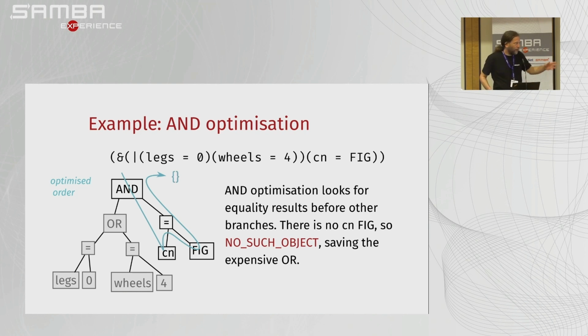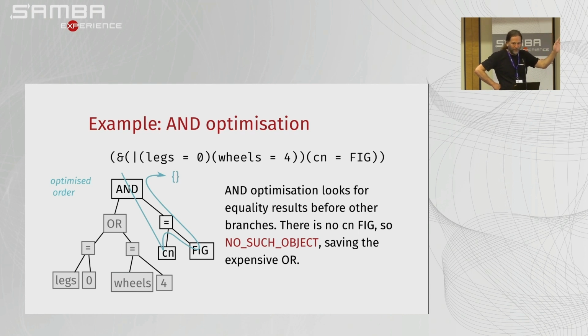And that's the same in this case. That's an empty set that it's returning, because that's what CN equals fig gives you. There was no fig. But if it was returning a non-empty set, it would still do this, obviously. So it tries not to go deep in the tree. It tries the first at the top at every level.